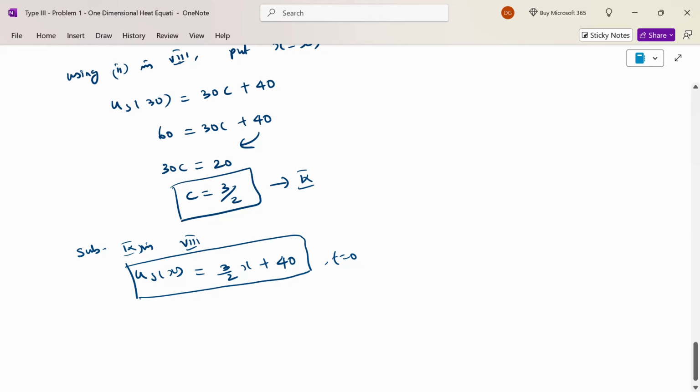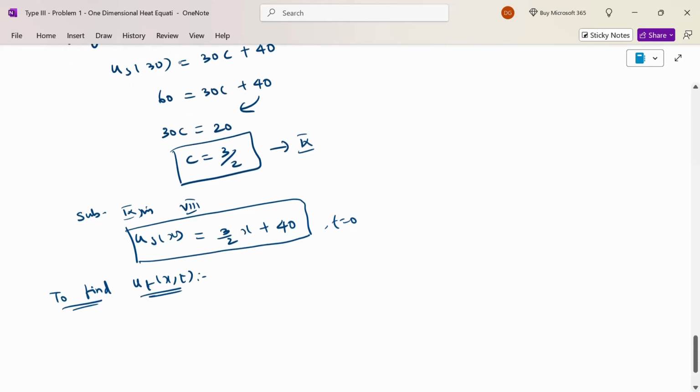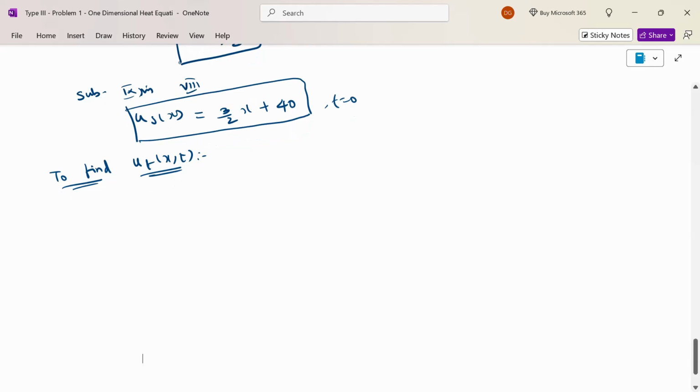Therefore next, to find u_t of x comma t. So now how to find this? From the previous step, u of x comma t equals u_t of x comma t plus u_s of x.